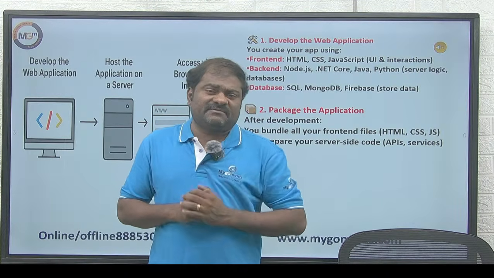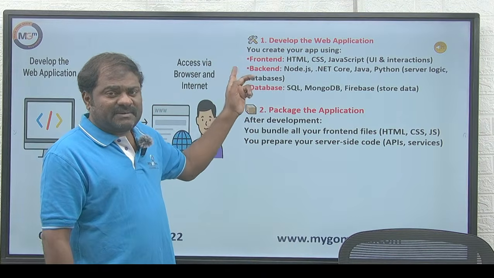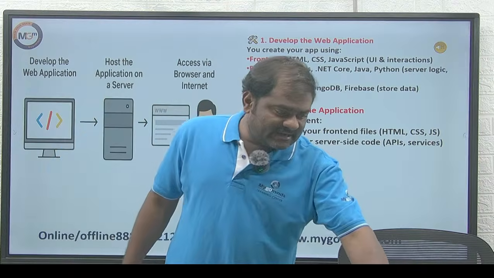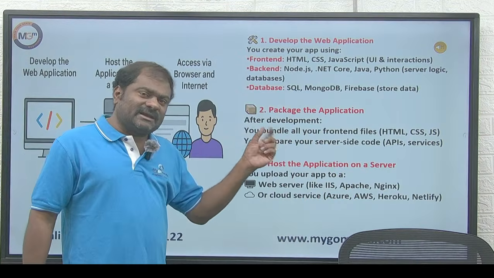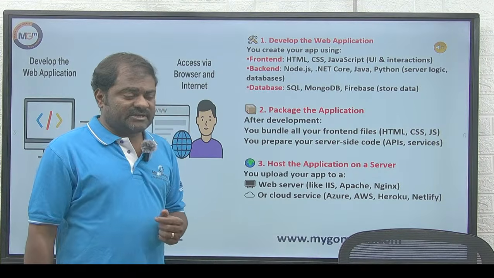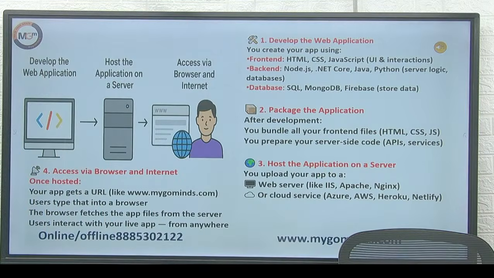So developer, your first job is to develop the application by using front end, back end, and database, and then pack the application and deploy it onto the server. Whatever you packed, that packed file you have to keep on the server, so that the end user will access the application via browser and internet.